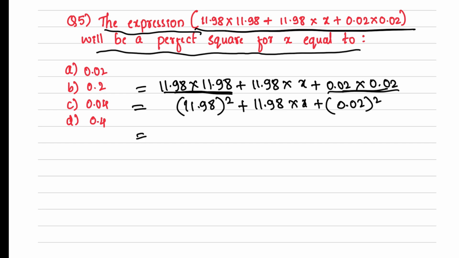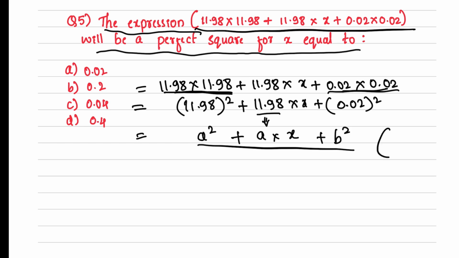So if you see carefully, it is a square plus this will be b square, and this one is a, and here x is there. So if you carefully see this, it looks like a square plus 2ab plus b square. So by this we can find the value of x.